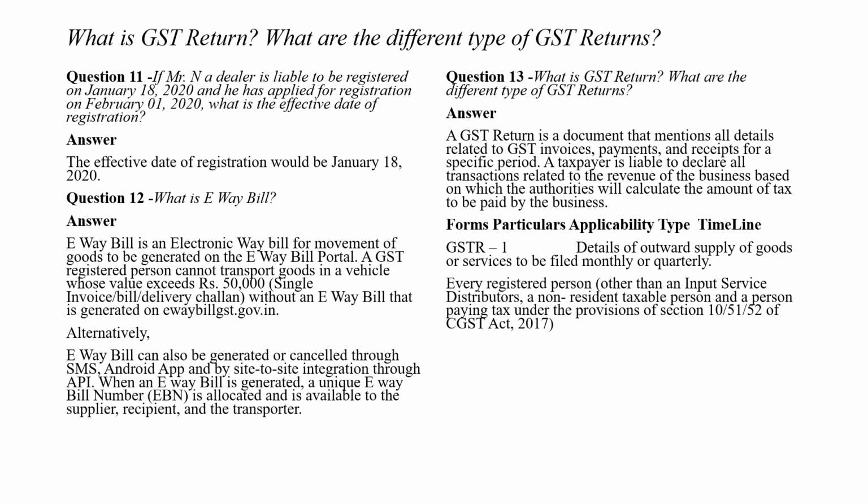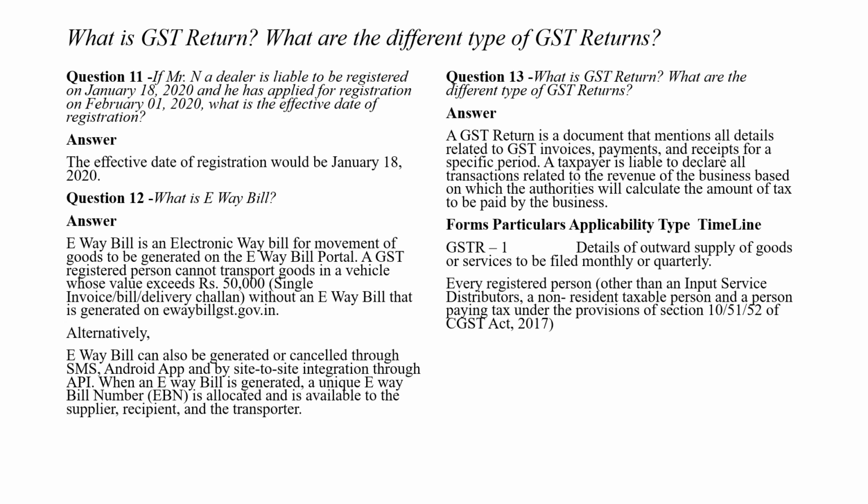Now we are coming to the next question. Question number 13. What is a GST return? What are the different types of GST return? Very important. A GST return is a document that mentions all details related to GST invoices, payments, and receipts for a specified period.